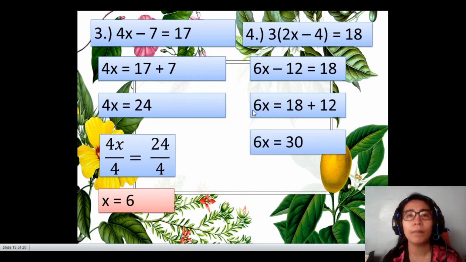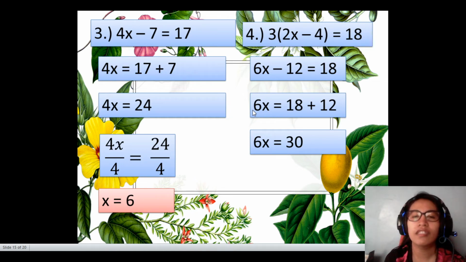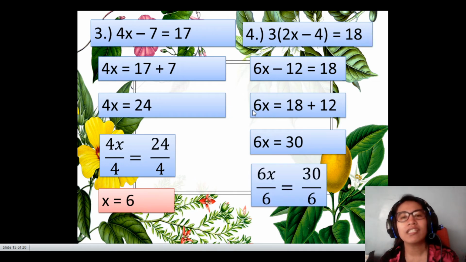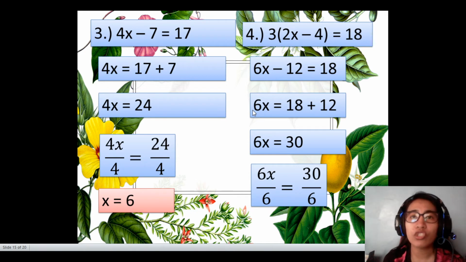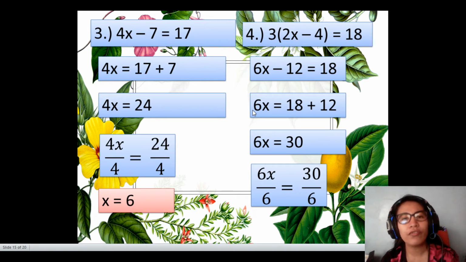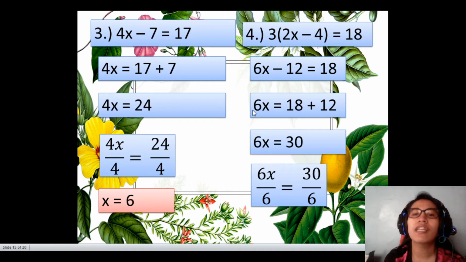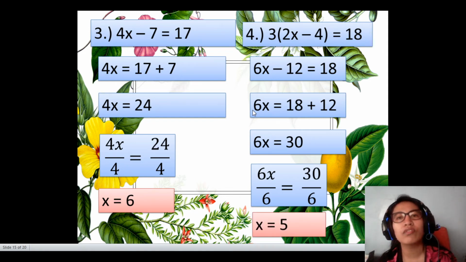Then the next step is to divide both sides by 6 because that's your numerical coefficient on the x. So 6x over 6 equals 30 over 6, leaving our variable x on the left side equals our 30 divided by 6, which gives us 5. So x is equal to 5.